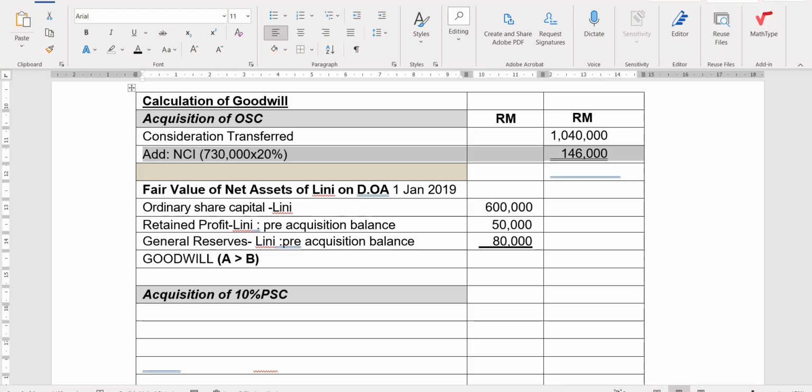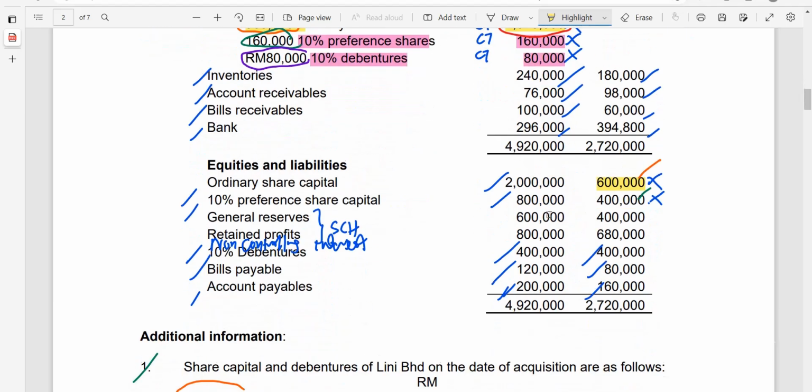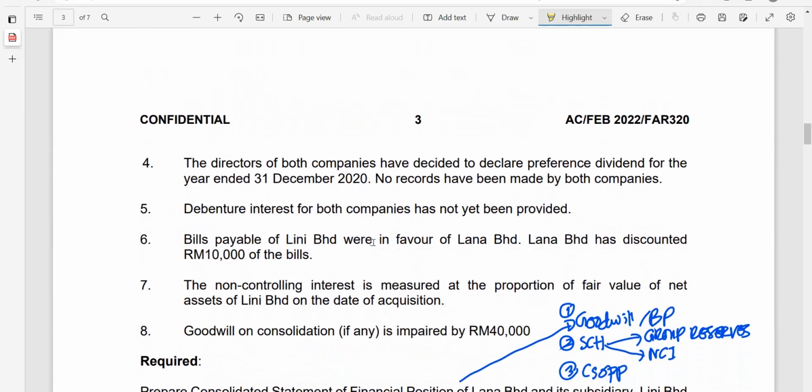If you read further at the bottom of the question here, you'll see that sometimes the question will inform of the calculation of the fair value of net asset and the non-controlling interest.